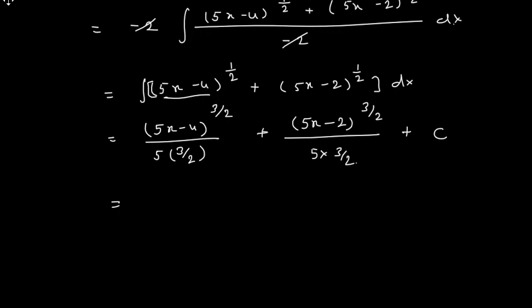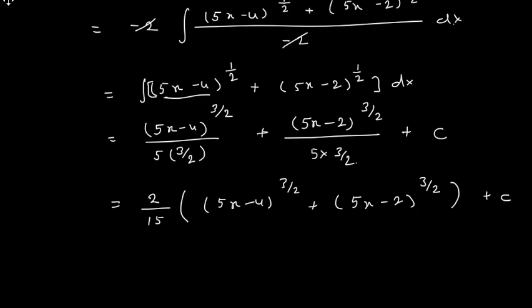It is equals to, now denominator is common in both the places, so you can club them, you can take that common, this 2 will go up, so it is 2 divided by 3 fives are 15, we will write in bracket, and here it is 5x minus 4 power 3 by 2 plus 5x minus 2 power 3 by 2 plus c. This is your integration.